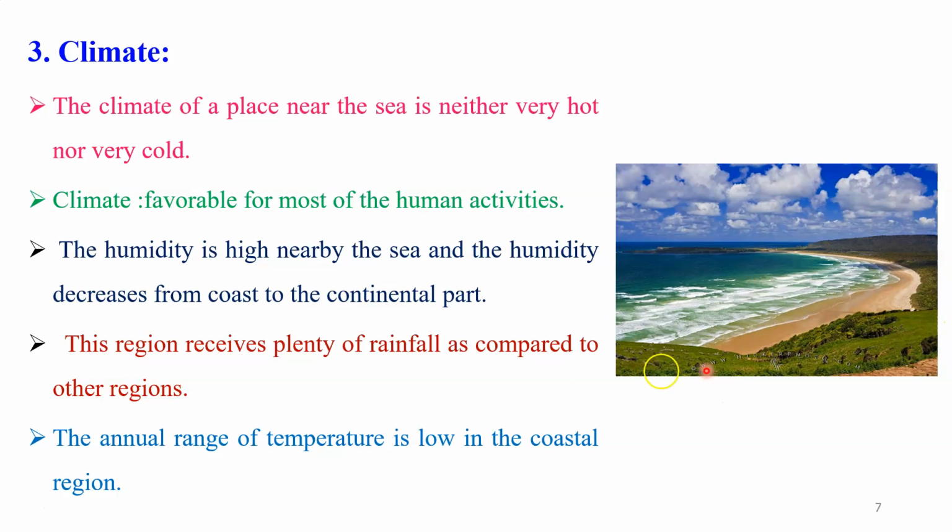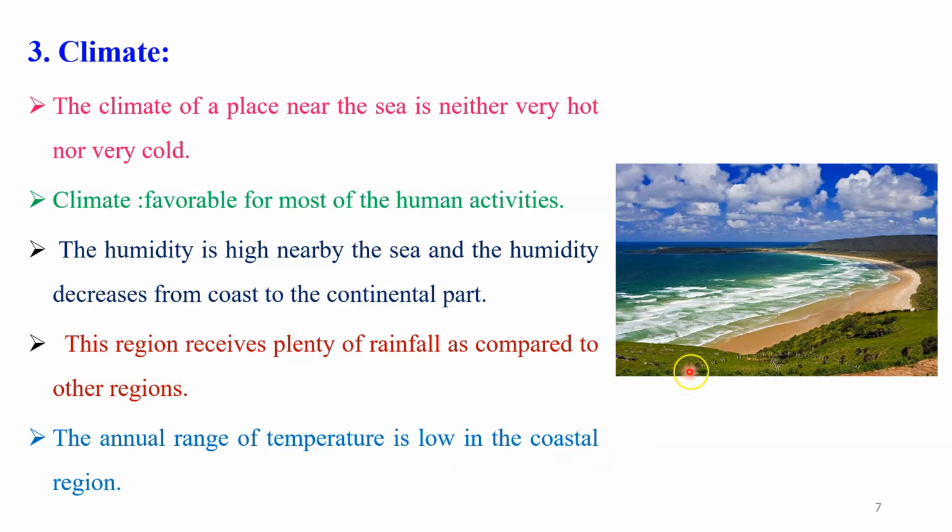And one important thing is that the annual temperature range we observe here is very low. So what is the annual temperature range? It means the difference between the maximum temperature of that particular area and the minimum temperature of the area.